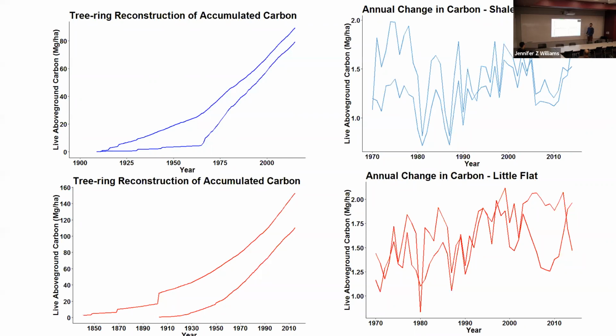This is very preliminary. I'm not going to say that it's overall the same. There are different ages in the stands, but so far I'm not detecting differences in productivity from these plot-based scenarios.